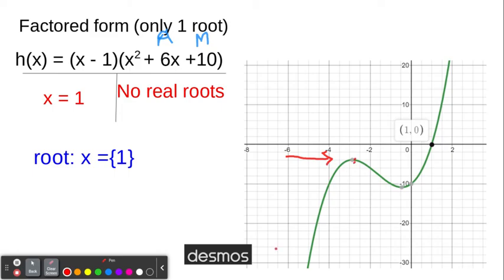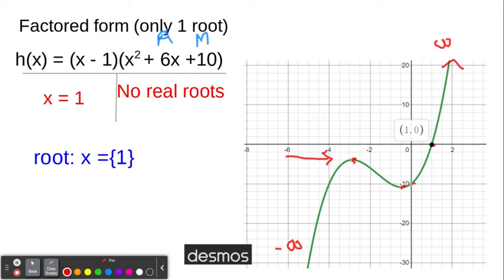So coming from negative infinity, this function traveled towards the x-axis, turned back around, went back down to its local min here, went by the y-axis at 0, negative 10, and found its only root, the only time it intersected the x-axis, at 1, 0, before it went on up into infinity.